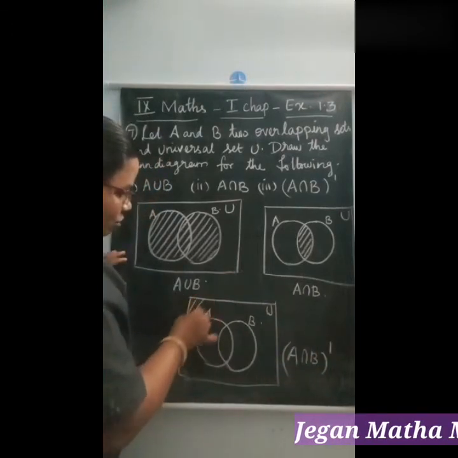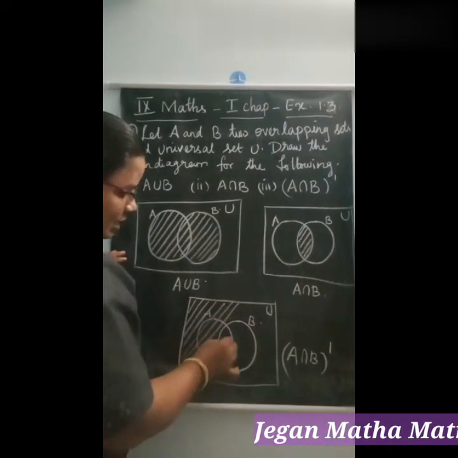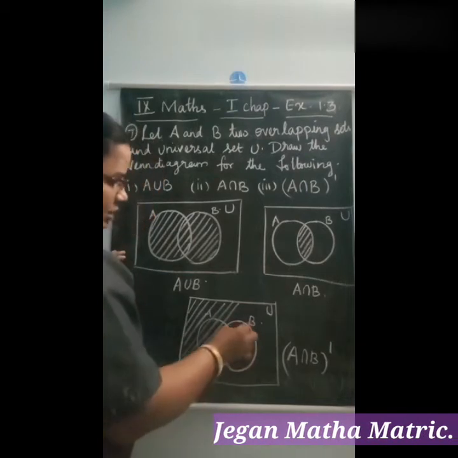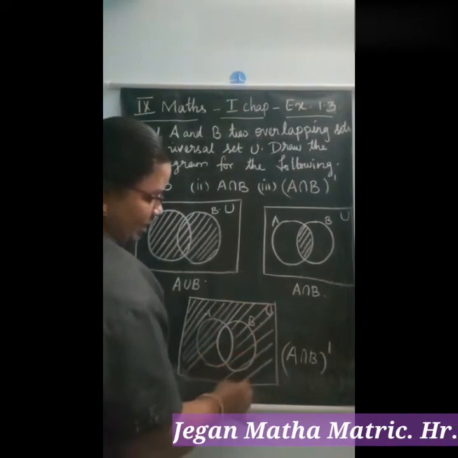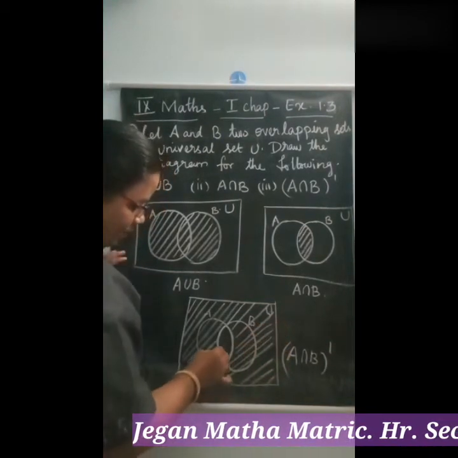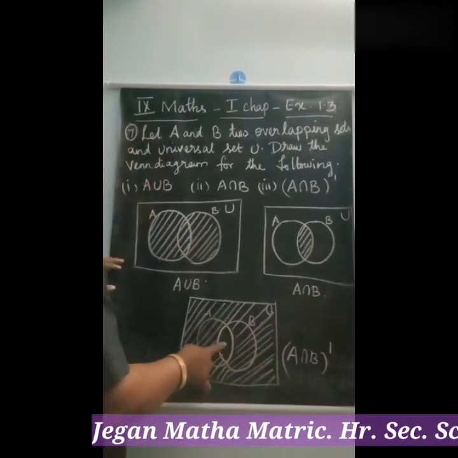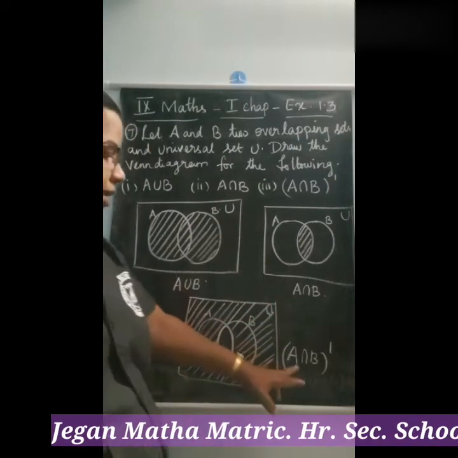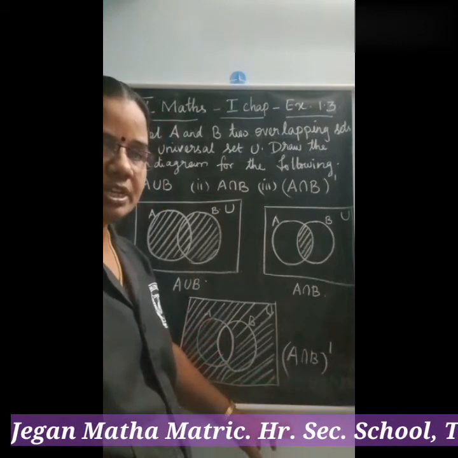So you have to shade everything except this intersection part. Leave it and shade the other remaining parts. Except this part, the other parts shaded is called (A intersection B) the whole dash. Can you understand, students?